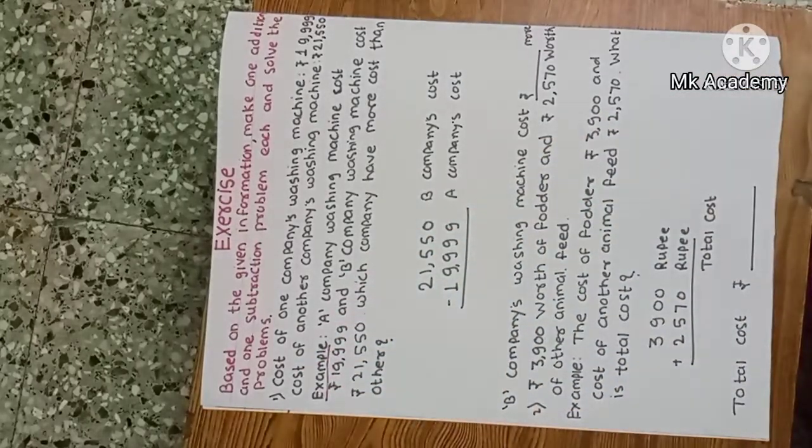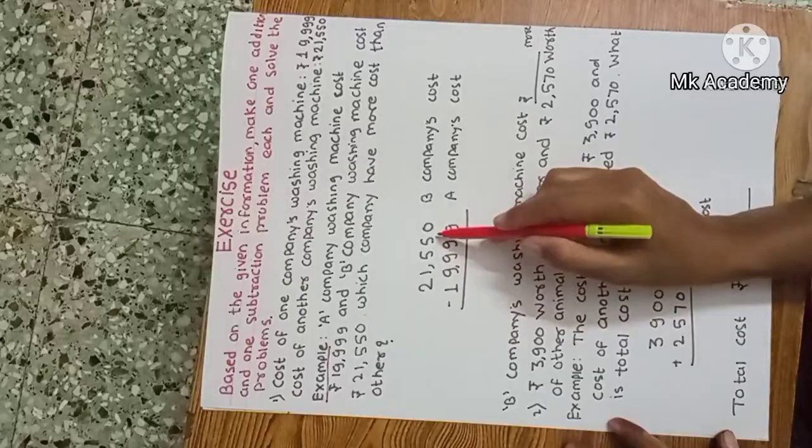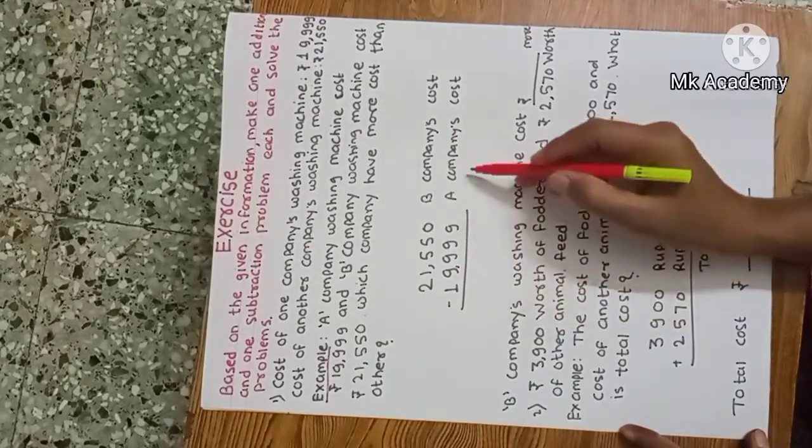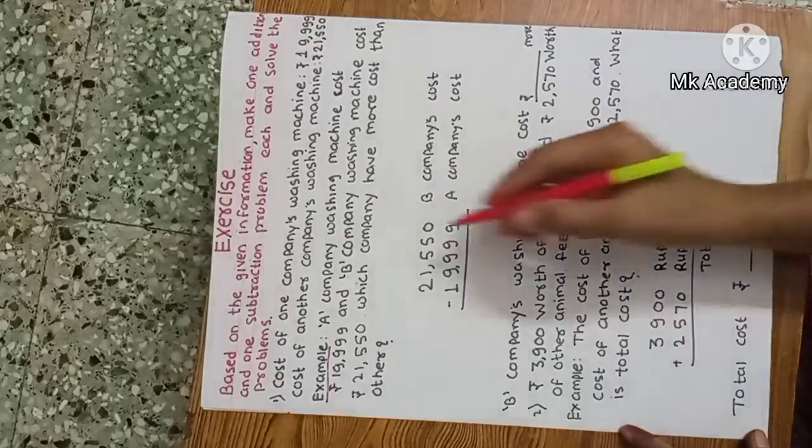A company's washing machine costs rupees 19,990 and B company's washing machine costs 21,550. Which company has a higher cost than the other? Means here we do subtraction. 21,550 is B company's cost and 19,990 is A company's cost.